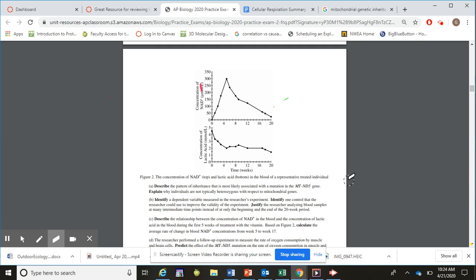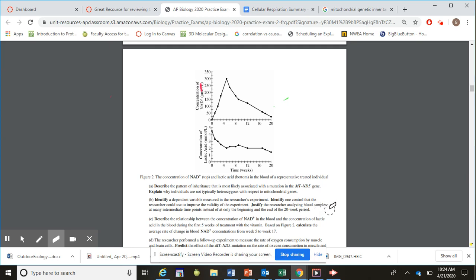So we're studying individuals that have a mutated gene and seeing how they break down NADH. So what could be a control for this experiment? Well, instead of using people that have a mutated gene, we could use a reference of people who do not have a mutated gene for comparison. So I think the best control there would be to use a person that does not have a mutated gene and see how they break down NADH and compare the graphs to see if they're doing it differently.